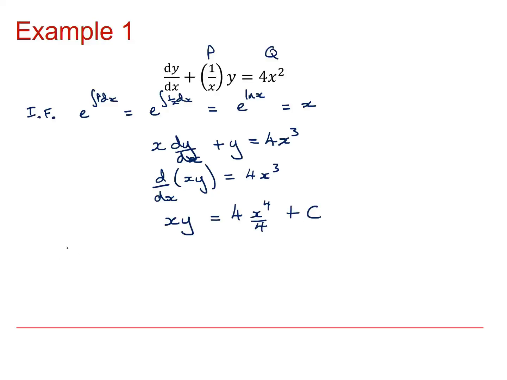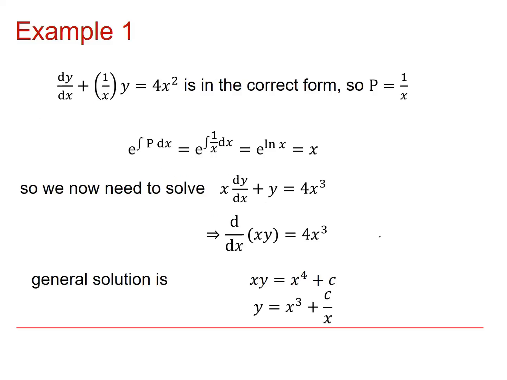And so dividing through by x, my general solution is y is equal to x cubed plus c over x. Again, that's worked through neatly for you so you can see what's happening. There we come down to our perfect derivative, having used this integrating factor x, and there's my final solution at the bottom there.